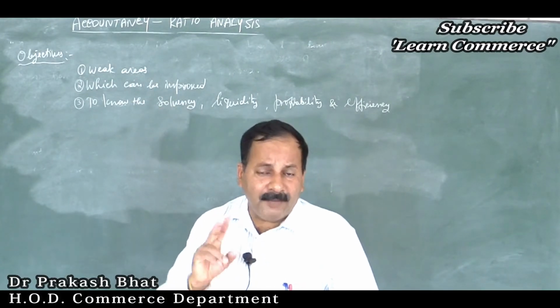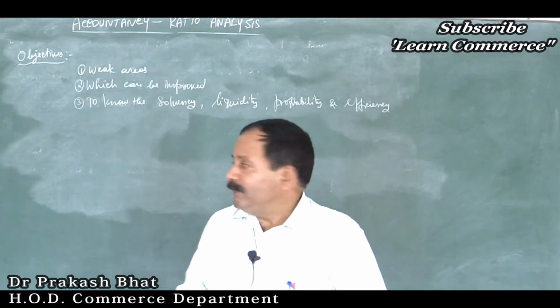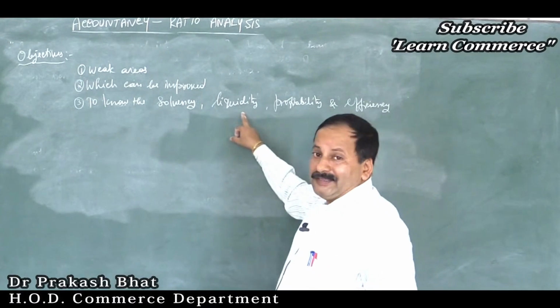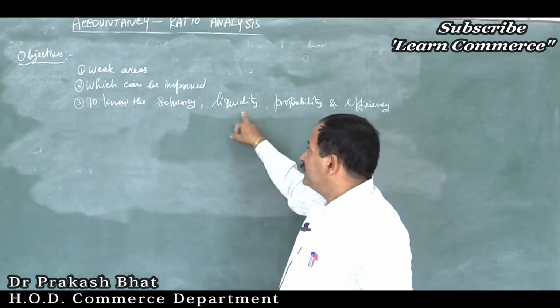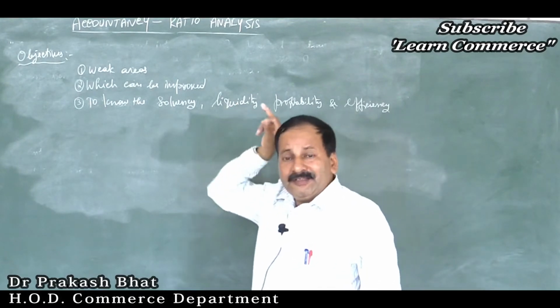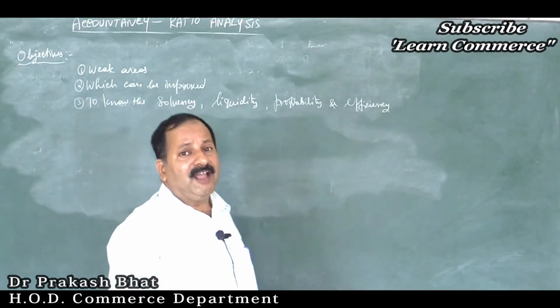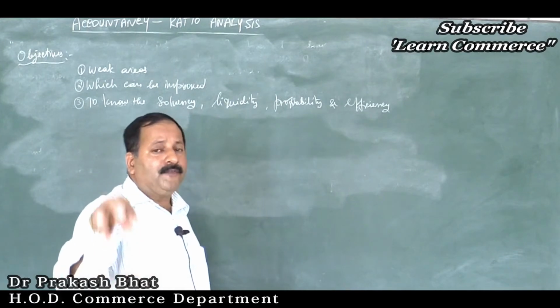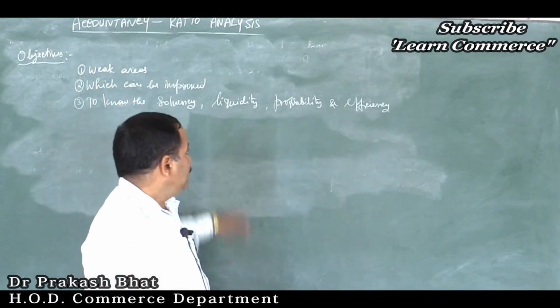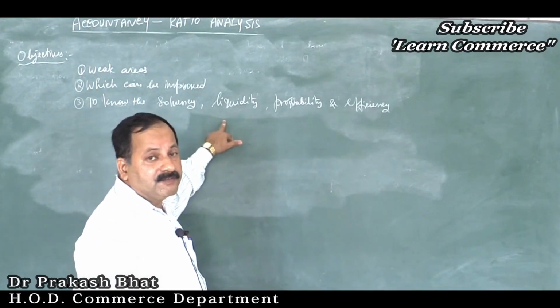So if you simply pay the fees, it is not enough. You have to maintain the day-to-day expenses of the student. So that is called liquidity position. The company or the organization must have a sufficient amount of cash to pay for the day-to-day expenses of the business.